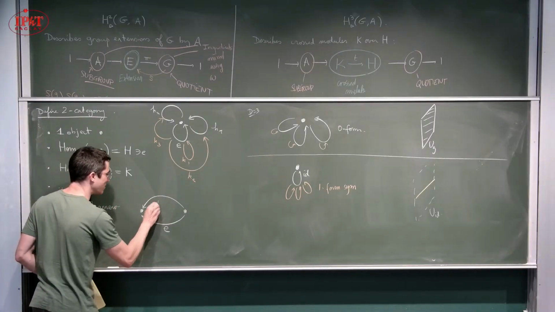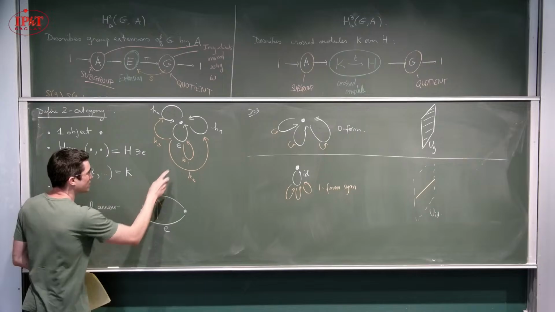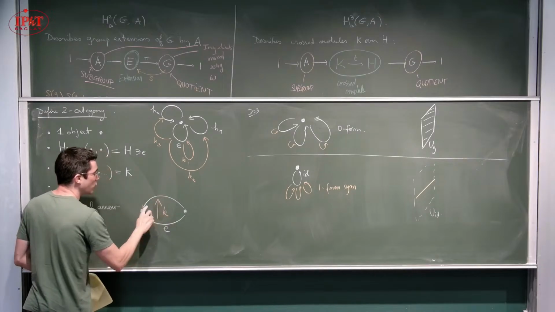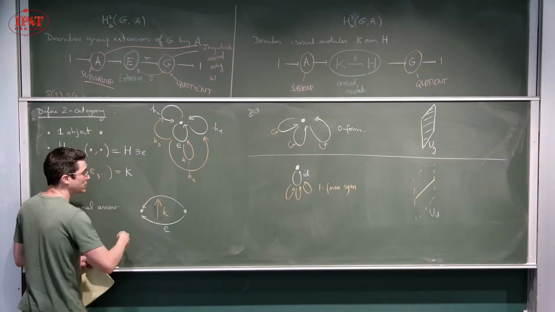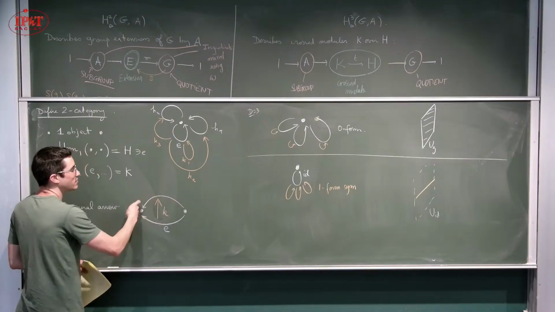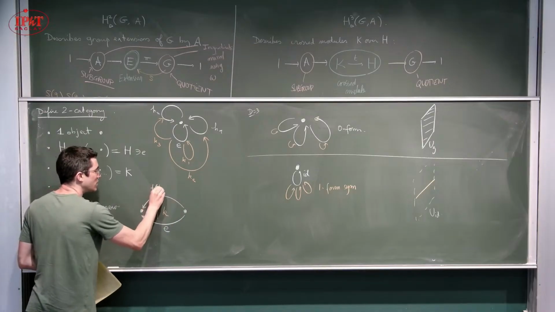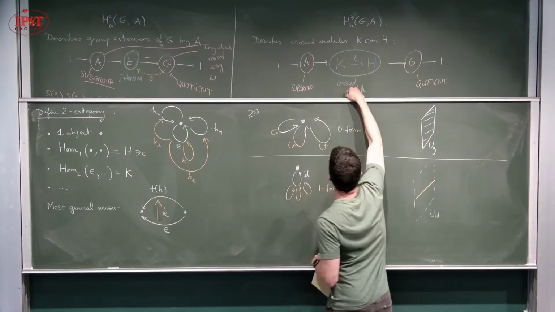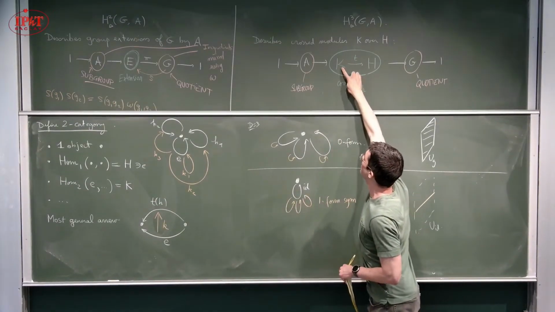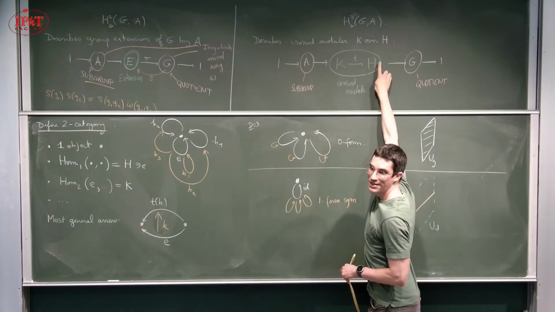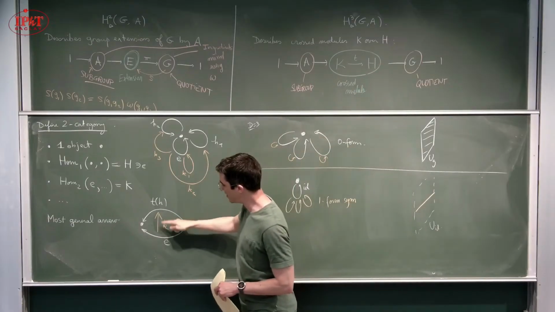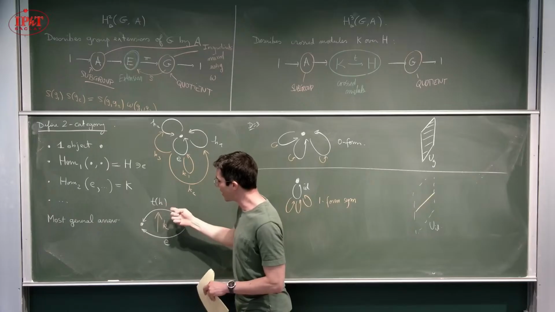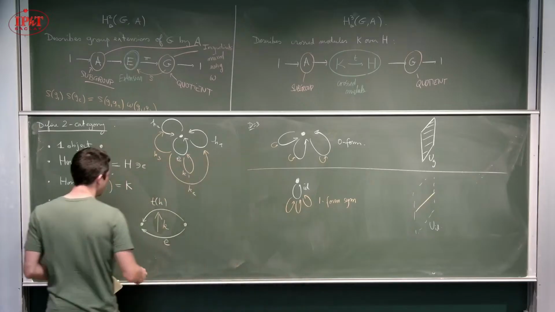So here there is a certain K, and where does it arrive? It arrives on some element of H. Which one? T of H. That's the only thing I have in my structure. This map T tells you only one thing: where the K arrow ends. The orange K arrow ends on which white arrow? T of H.